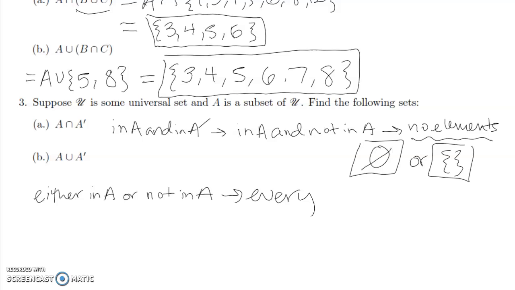It would be every element. Right? You're in one of those two places. You're either in A or you're not in A.